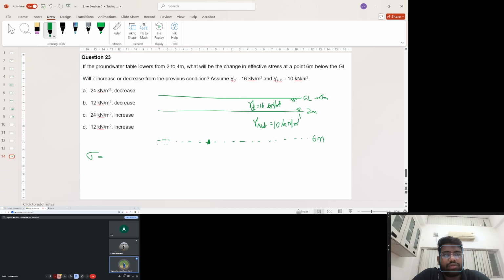In order to understand well, you calculate gamma sat. Gamma submerged is defined as gamma sat minus gamma W.